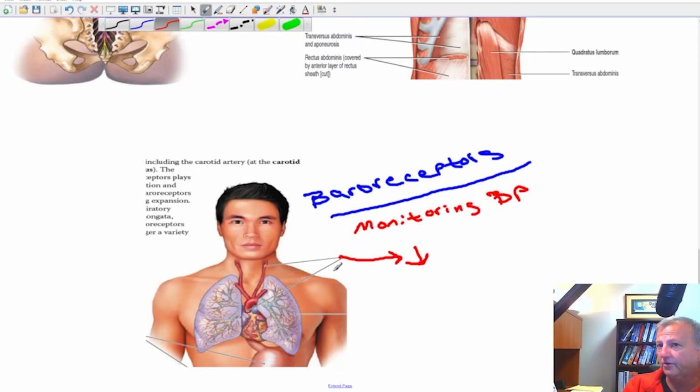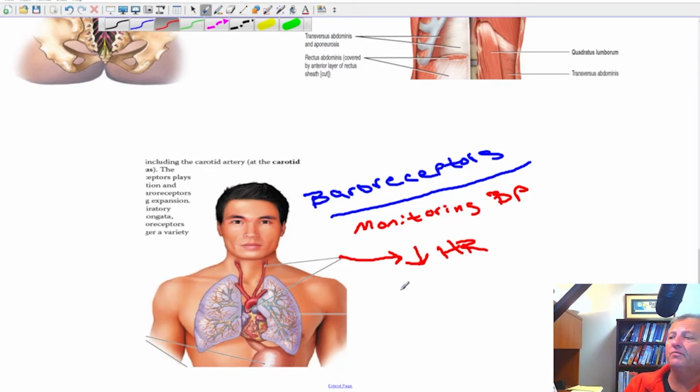You increase preload, you increase heart rate. Those are the ways to get blood pressure up. The baroreceptors could also say, hey, we've got too much. So how do you get blood pressure to come down? Same way: reduce the heart rate, and hopefully bring the blood pressure down.